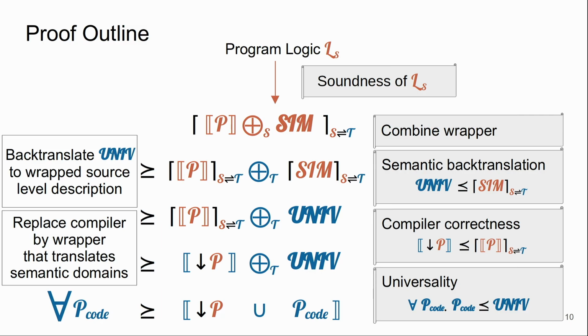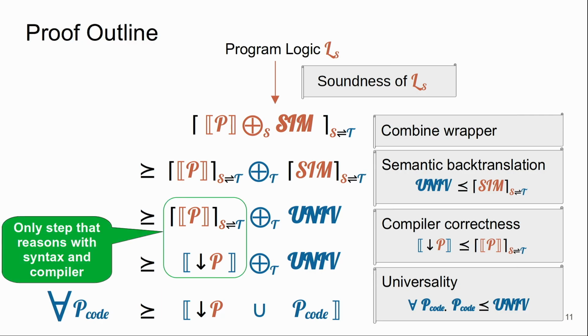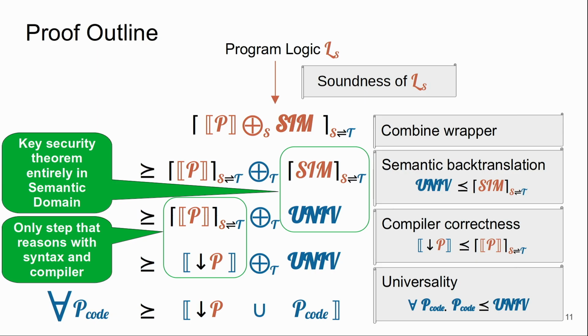So what is remarkable about this proof? First, compiler correctness is the only step that needs to explicitly reason about the syntax of programs and the compiler. The key compiler security proof, on the other hand, is entirely in the semantic domain, and it does not even mention the compiler at all.